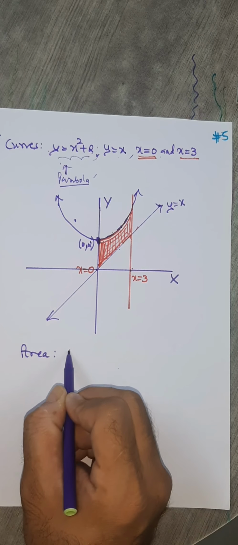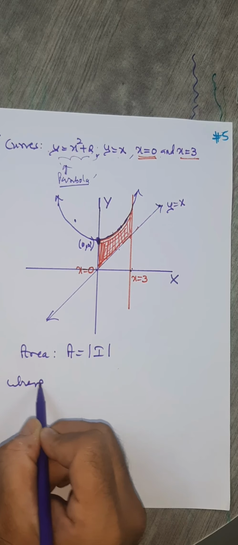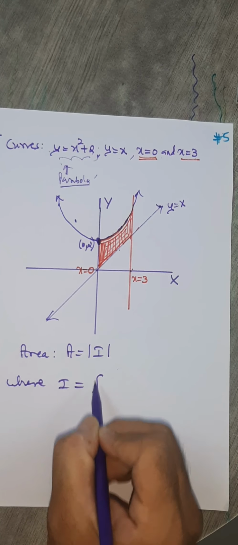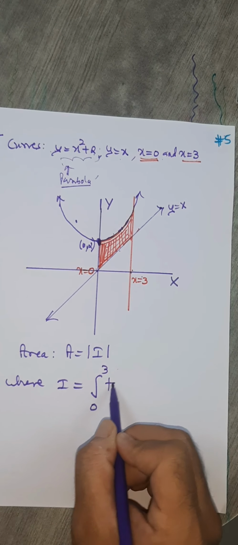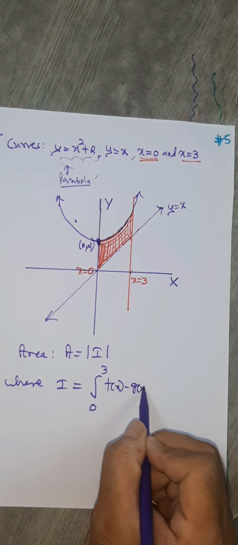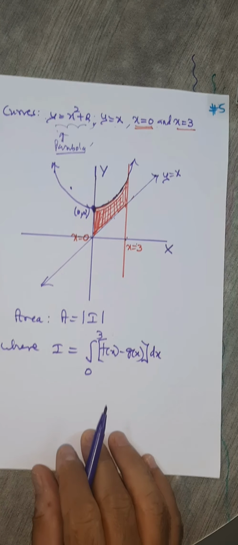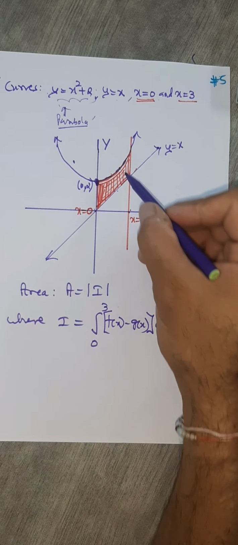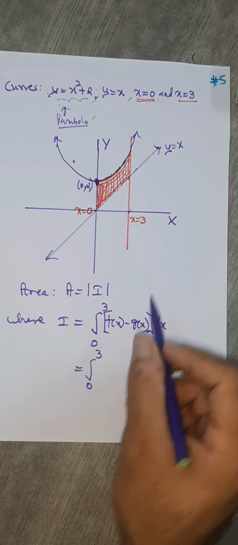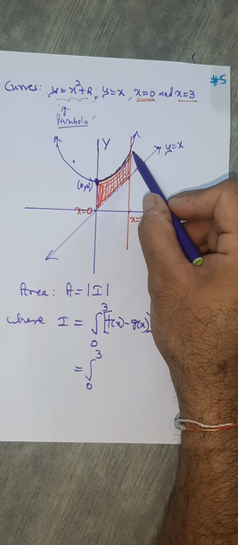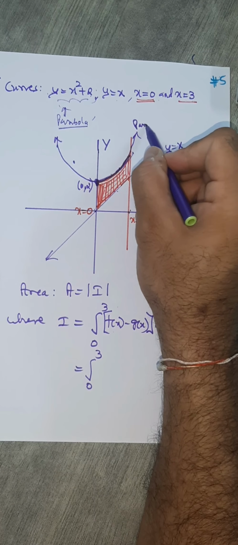So here area A equals to modulus of I, where I equals to the integral where area starts from 0, ends at 3, fx minus gx, the whole dx. Area between two curves, you know the formula. So bounded by here 0, 2, 3. What is fx here? There are two functions, a parabola or a straight line, remember.